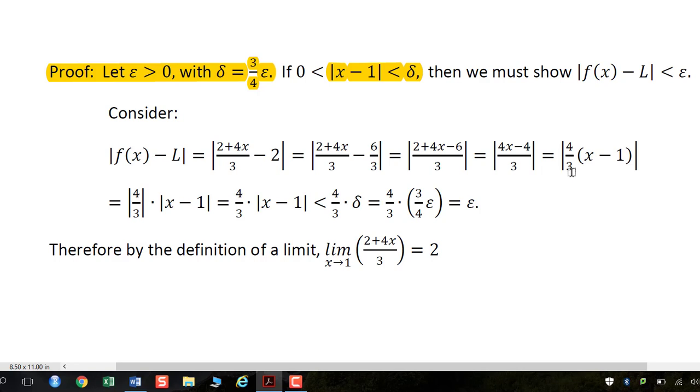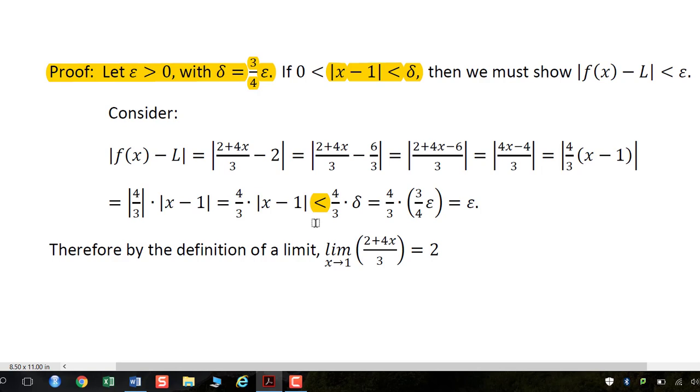Pull out the 4 over 3. 4 over 3 is always positive, so I can write that as an absolute value of 4 over 3 times the absolute value of x minus 1 equals. 4 over 3 is always positive, so I write it as 4 over 3 without the absolute value sign. Still times the absolute value of x minus 1. That is less than 4 over 3 times delta.